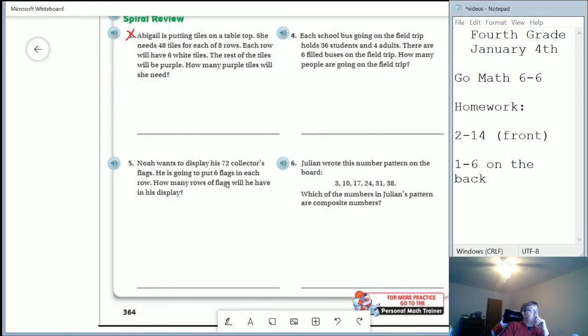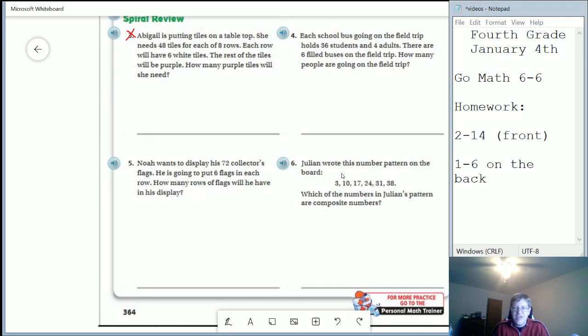And then 72 in groups of 6, it looks like. And we want to figure out how many rows if we do rows of 6 and count it to 72. And then number 6, we want to figure out which ones of these numbers are composite numbers. So composite numbers are a number that we can use a divisibility rule with.